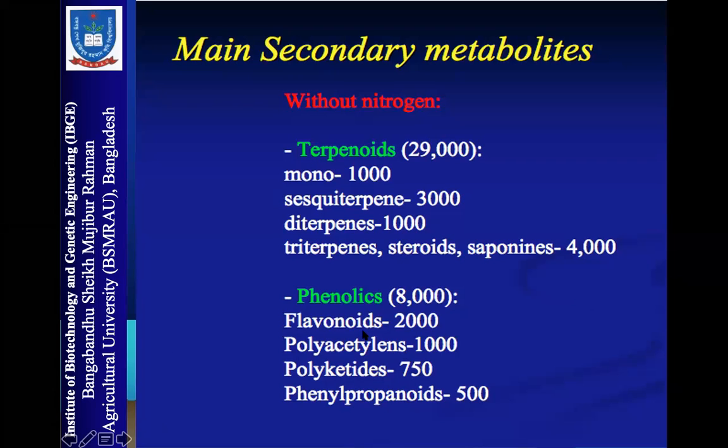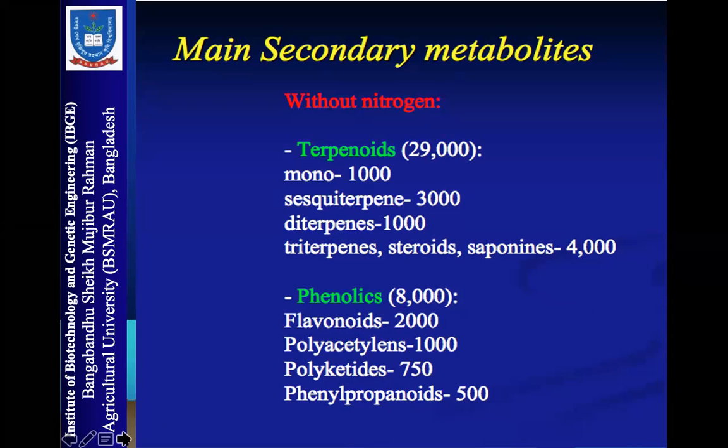I am giving you approximate numbers, and every day new secondary metabolites are discovered and published in science. The most interesting compound discovered for the first time for human use was penicillin.